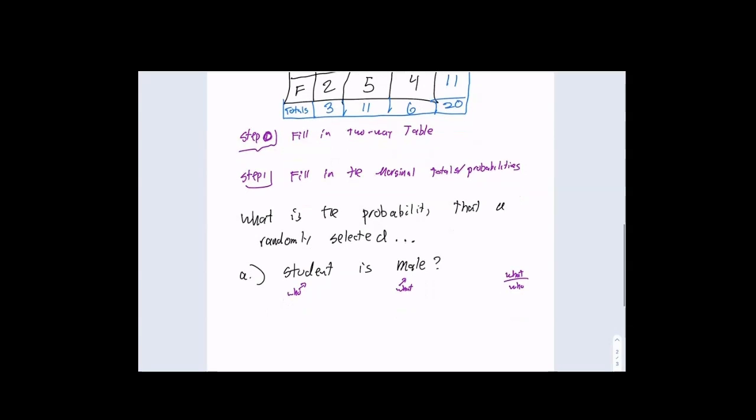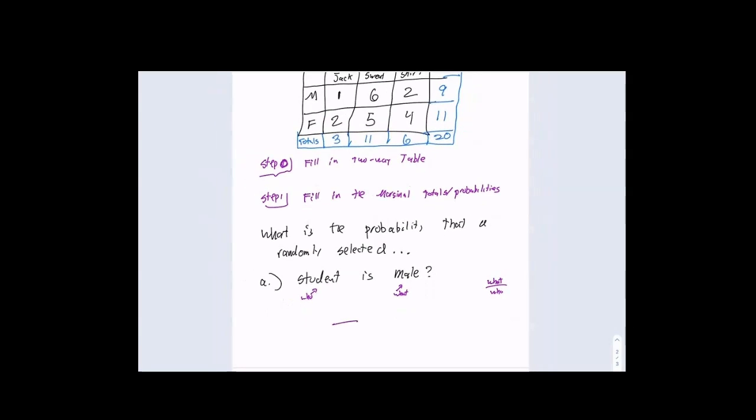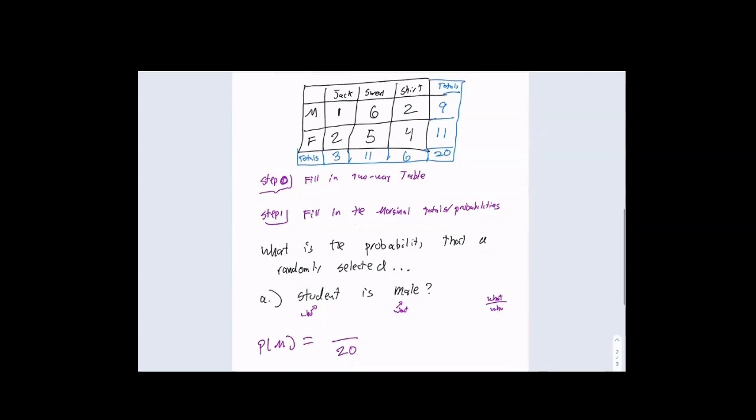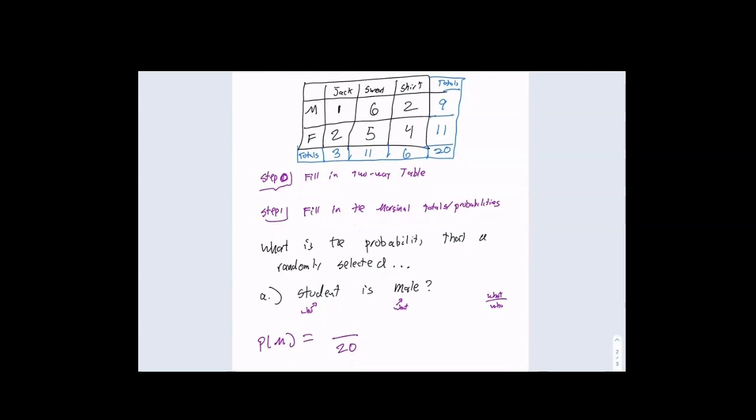So how many students are there? That tells me my denominator. So we say the probability that a student is male, now that we know this new notation, is equal to what? How many students are there? 20. And of those 20, how many are males?